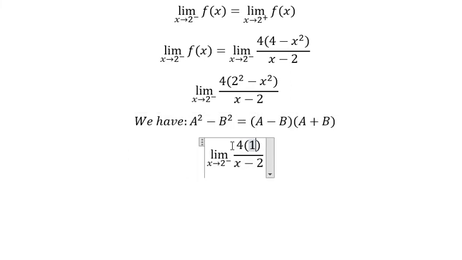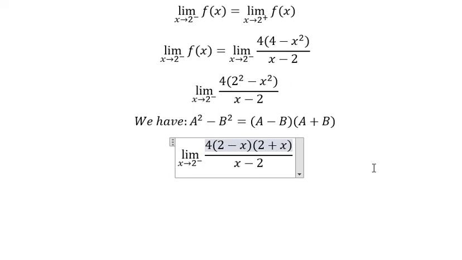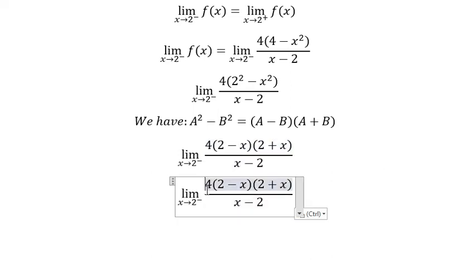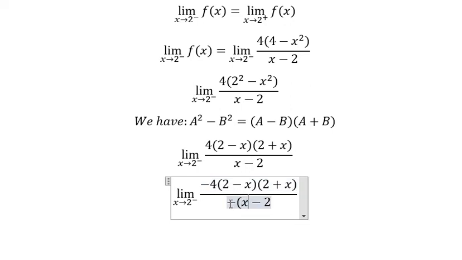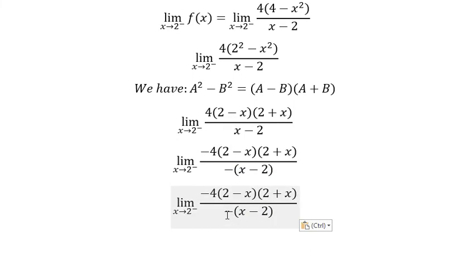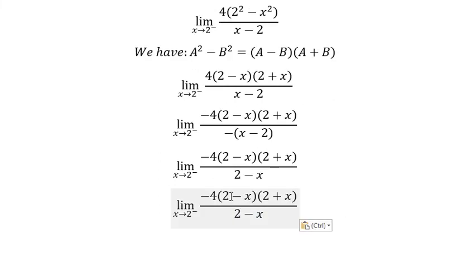So we have 2 minus s multiplied by 2 plus s. So we put a negative on the numerator and denominator. We need to change the sign of this one, and we have 2 minus s. After that, this one is simplified by this one.